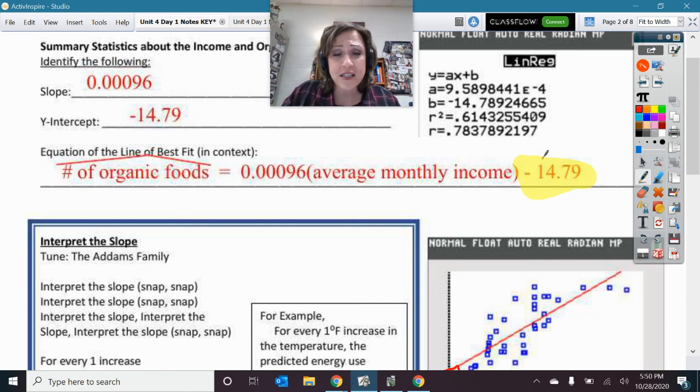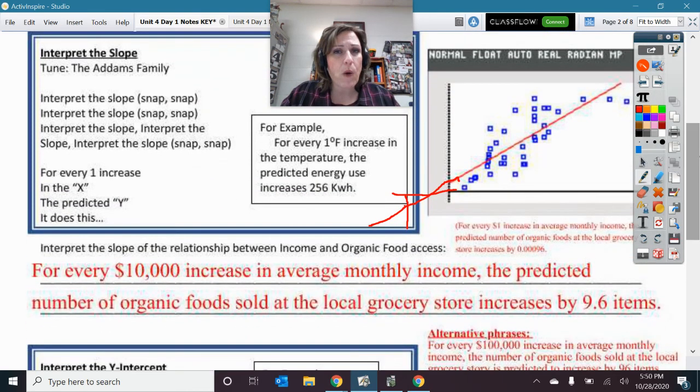You know what that says? When the average monthly income is 0, our number of organic foods is predicted to be negative 14.79. Does that make sense in context of the problem, having negative amounts of organic foods? No. We'll learn about why it doesn't make sense at a later time. It has to do with this thing called extrapolation.